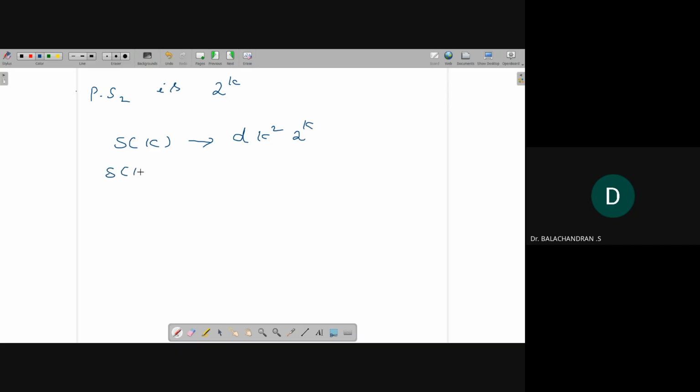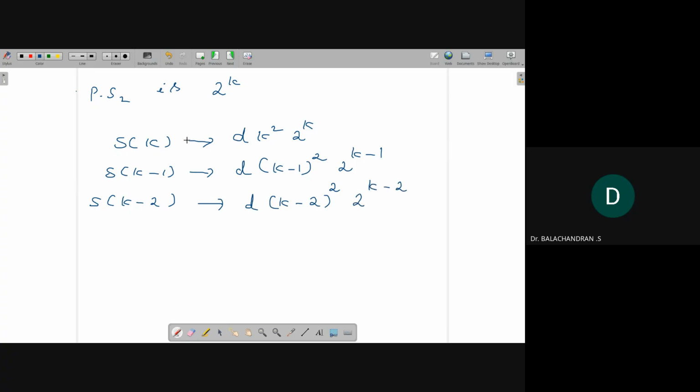Next, S of k minus 1: replace k by k minus 1. So d into k minus 1 whole square, 2 power k minus 1. Now S of k minus 2: d into k minus 2 whole square into 2 power k minus 2.